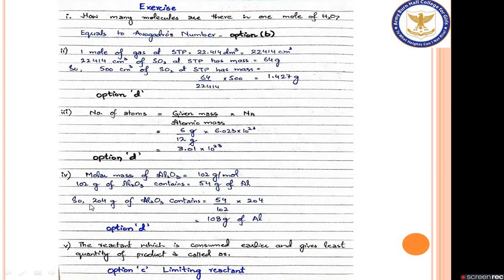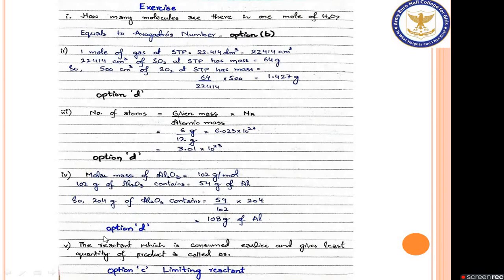So if we have 204 grams of alumina, how much aluminium does it contain? Stoichiometrically we will solve this: 54 divided by 102 multiplied by 204, we will get the value 108 grams of aluminium. So option D will be the correct option.